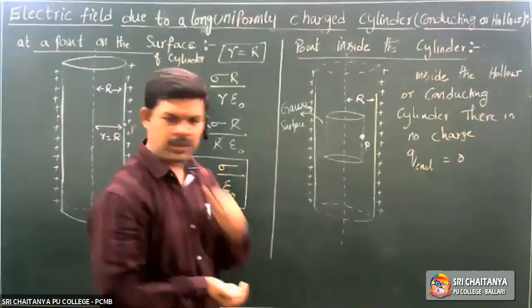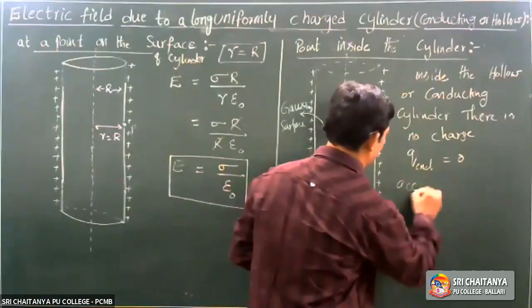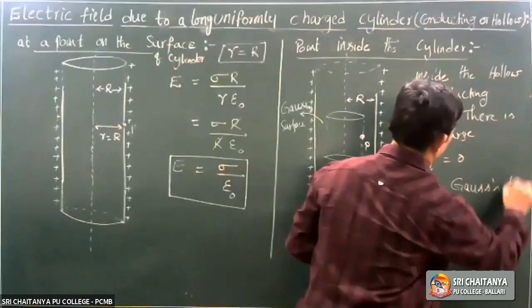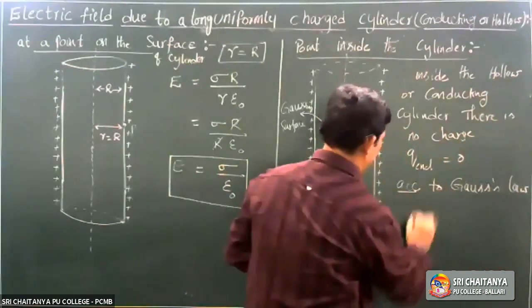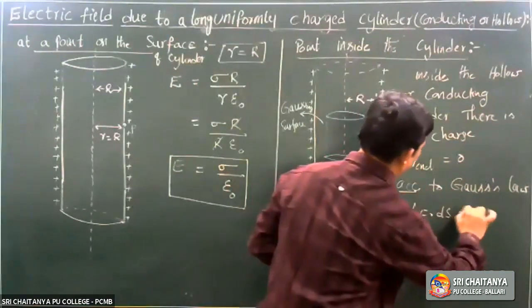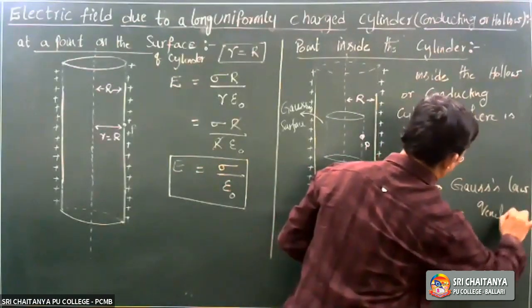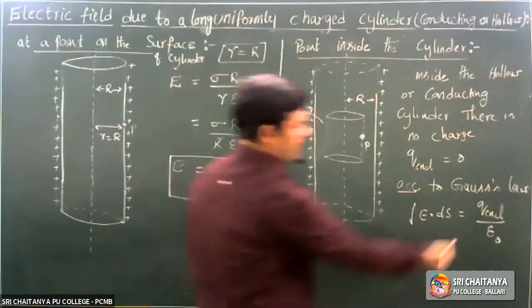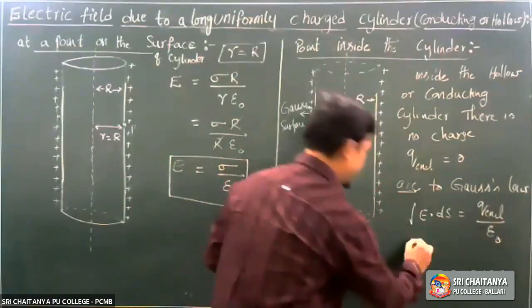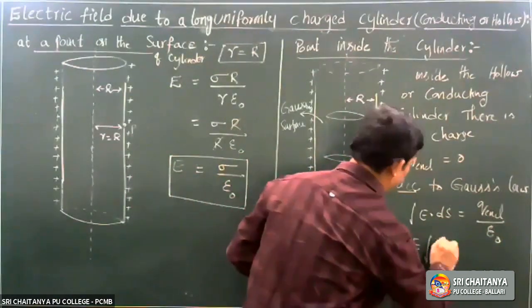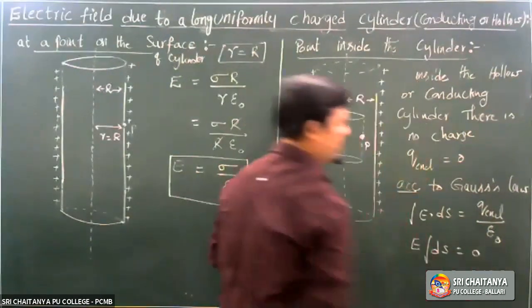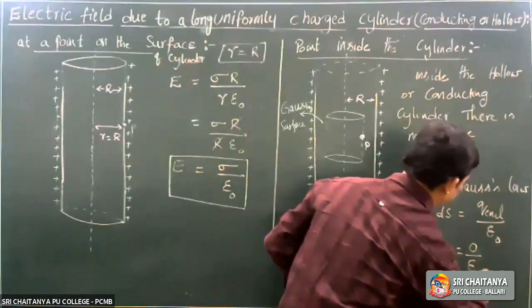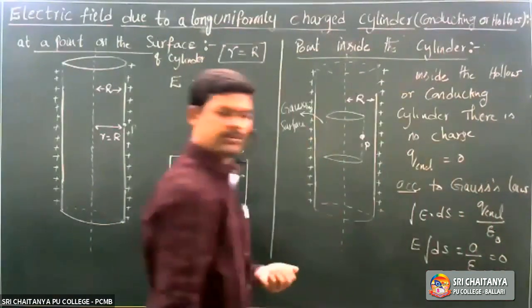Q enclosed is 0. According to Gauss law, integral E dot dS is equal to Q enclosed by epsilon naught. If this Q enclosed is 0, then E integral of dS is equal to 0.